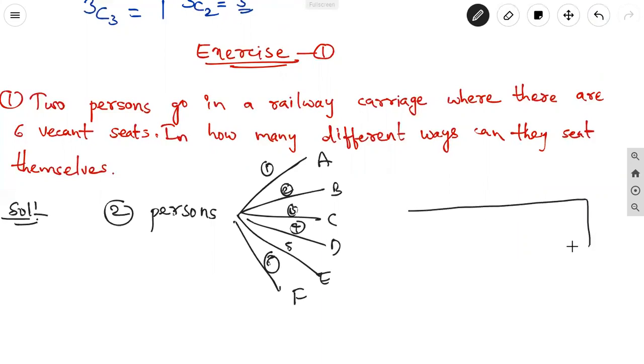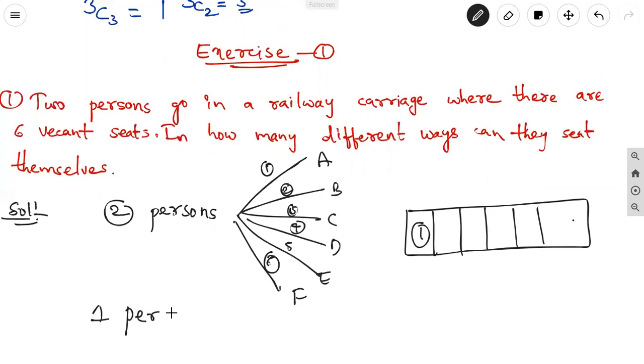Or we can take seats like this also: 1, 2, 3, 4, 5, 6. If one person sits here, one person can choose any one of the seats from the 6. In how many ways can he occupy a seat? 6 ways. The first person can sit in 6 ways. That is the one operation.